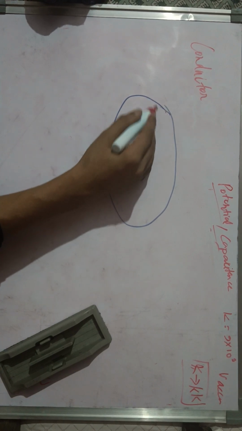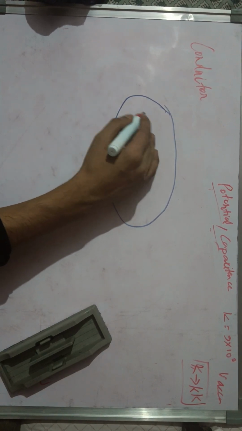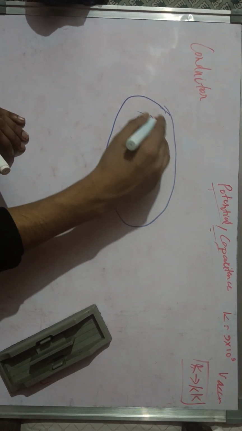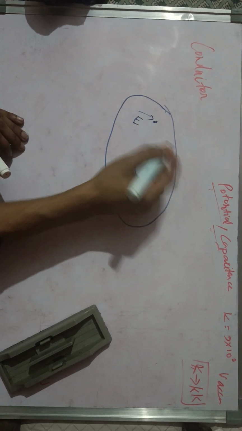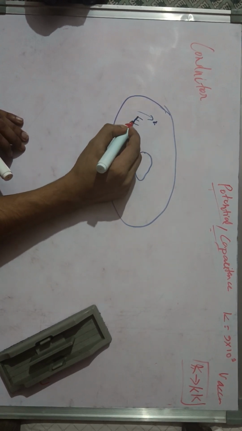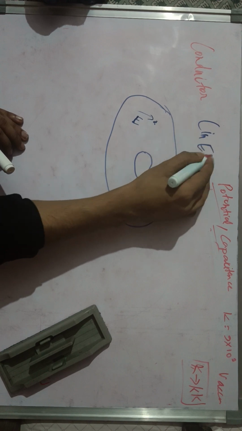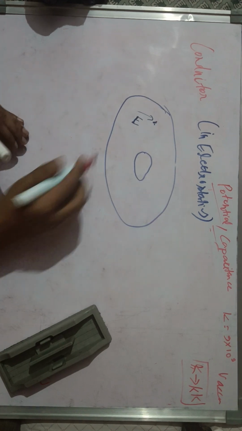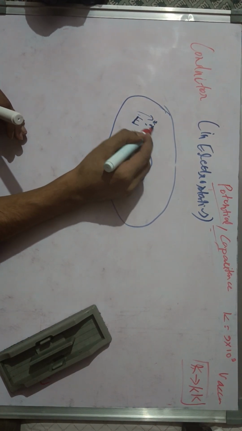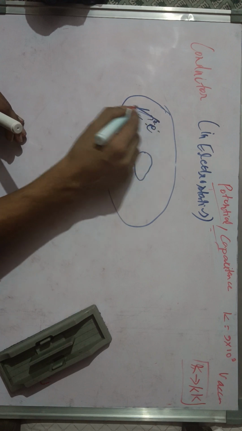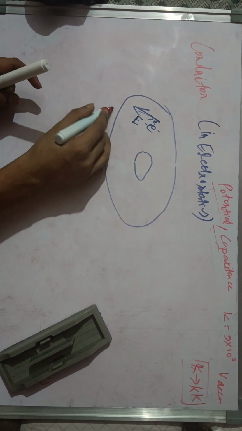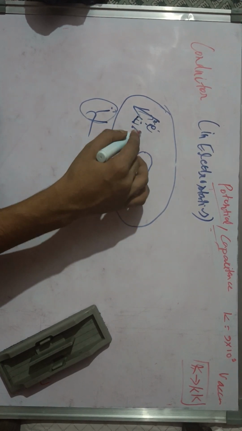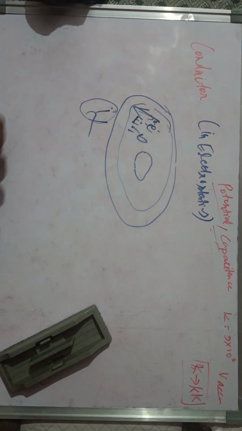If there is an electric field in any region here, then since there are charged particles, electrons, in this medium, and we are only studying electrostatics, since there is no motion of charge, if there is electric field here and there is an electron here, there will be force on the electron to move it, and there will be some current produced. So in electrostatic case, current is not produced, so electric field must be equal to 0 inside this conductor.